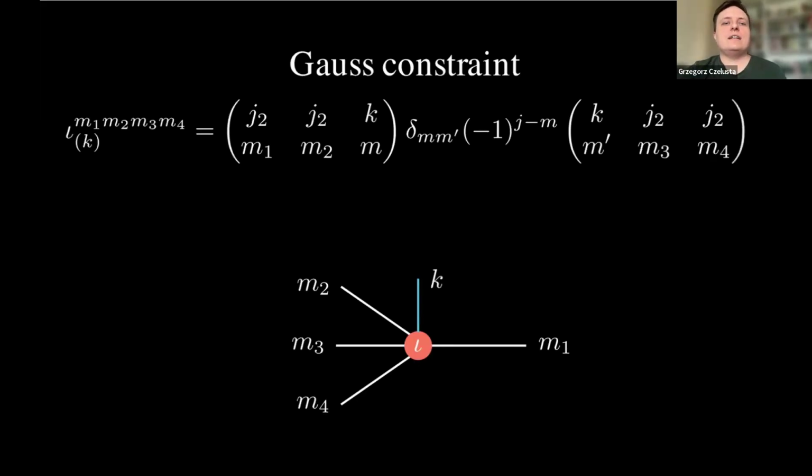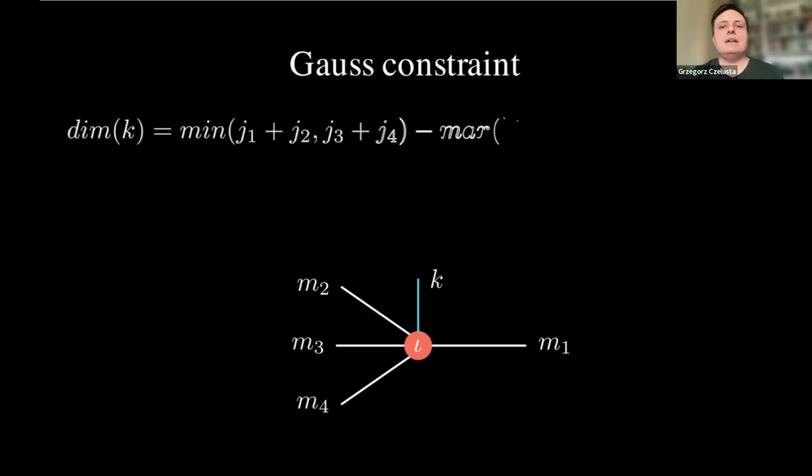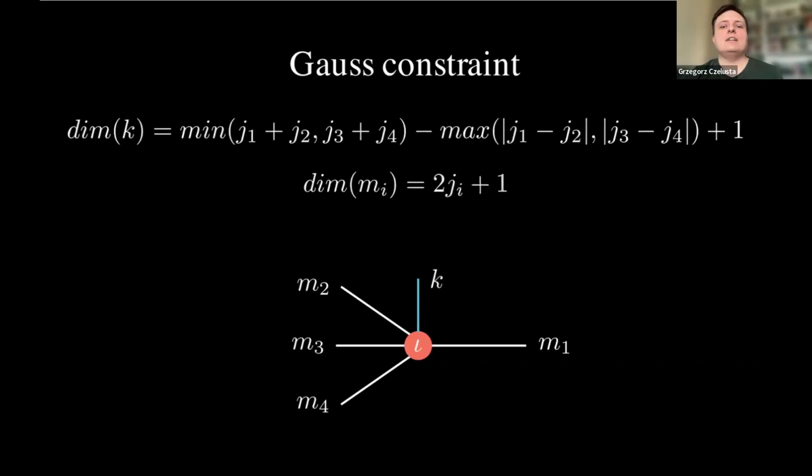And for arbitrary spins on the links, not necessarily equal to 1/2, but arbitrary J spins, the dimension of the invariant space of the vertex is determined by the allowed recoupling channels, and it is given by this formula.